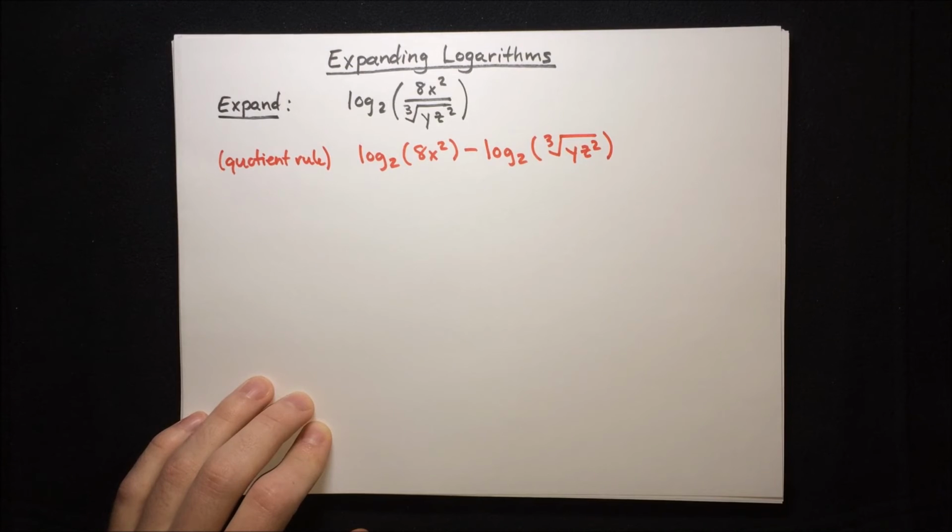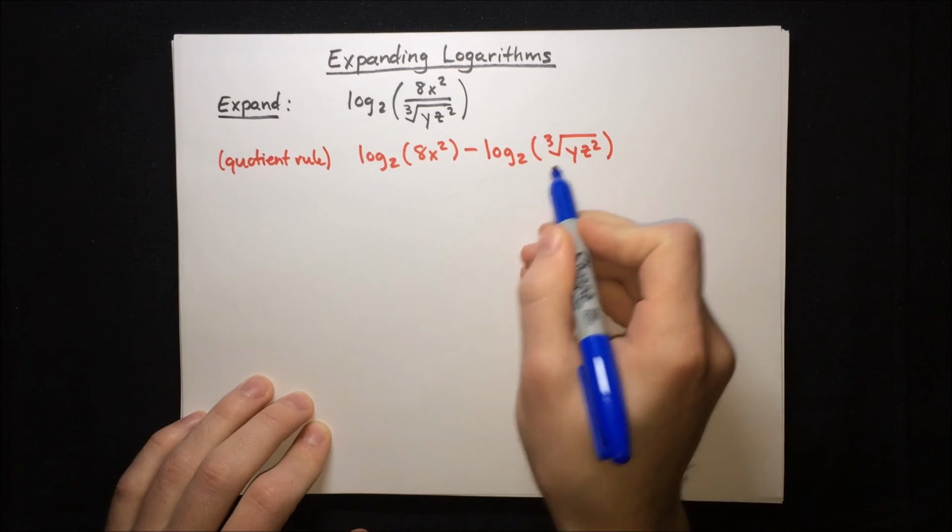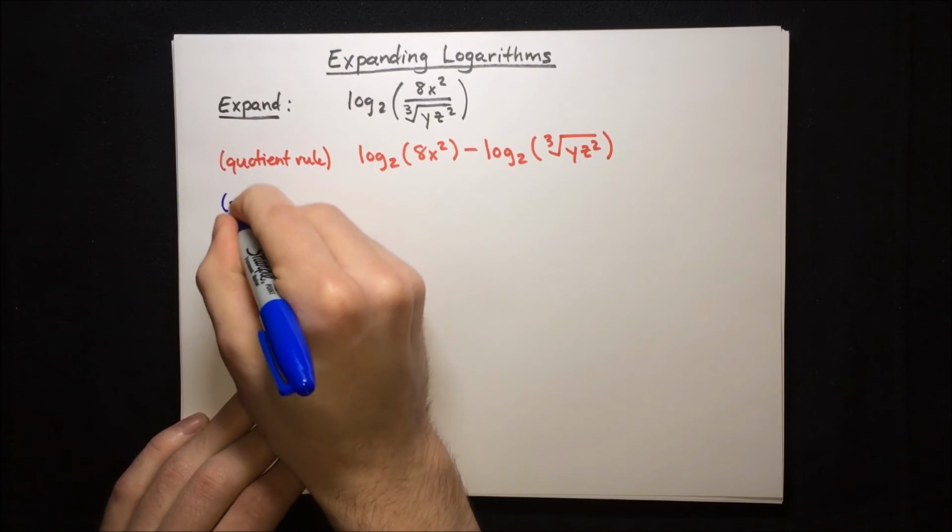And now we'll go ahead and see that these are some products here. So we'll use the product rule.